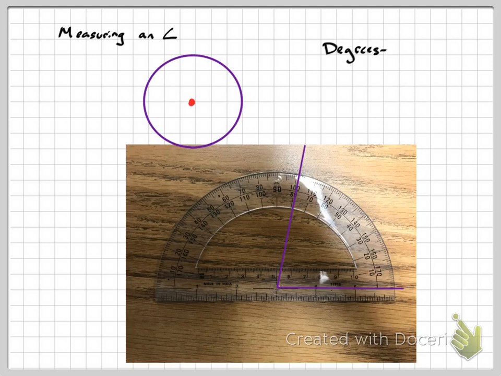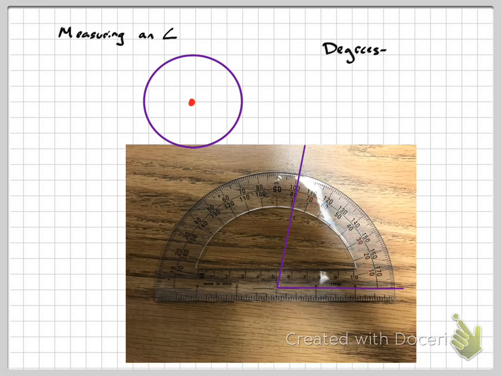Now if you look at a protractor, if I go this direction, there's 2 measurements I can read. It goes 0 to 80, but then it also goes 170 to 100. If my ray is starting right here and I'm opening in this direction, I want to start reading it at the 0. So I would read the inside number right there.